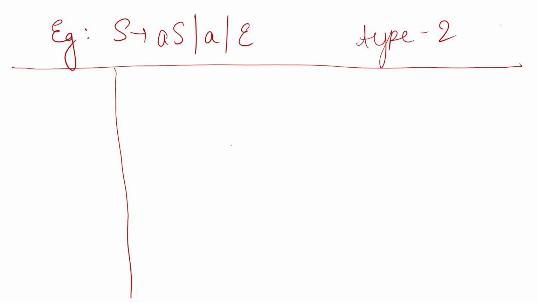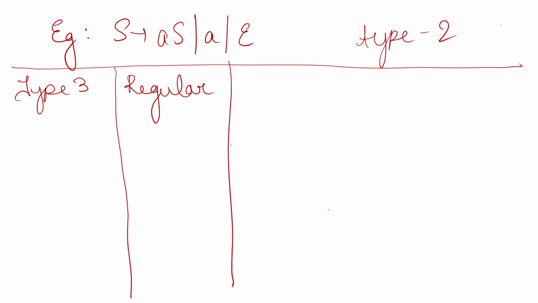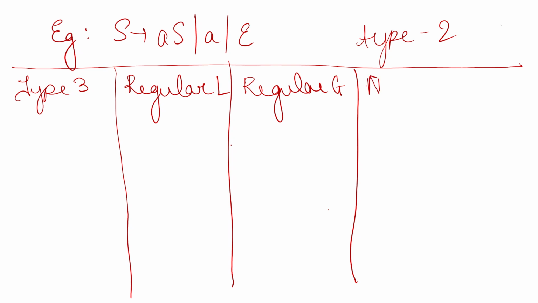First of all, for type 3, our language is known as regular language and the grammar is known as regular grammar. I'll denote them by L and G. Your machine is an NFA or a DFA. An example of this is A star, B star.